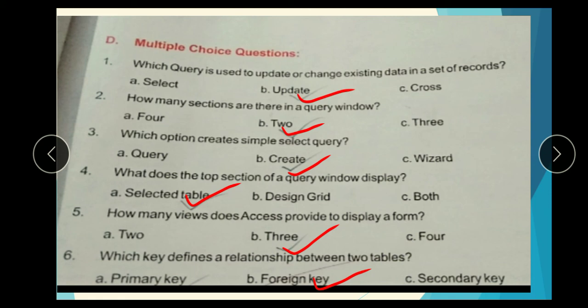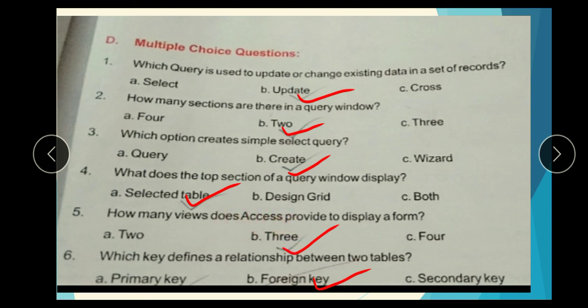There are three types of view. The correct option is B, 3, because MS Access provides 3 views to display a form: form view, design view and datasheet view. So you can select correct option 3.